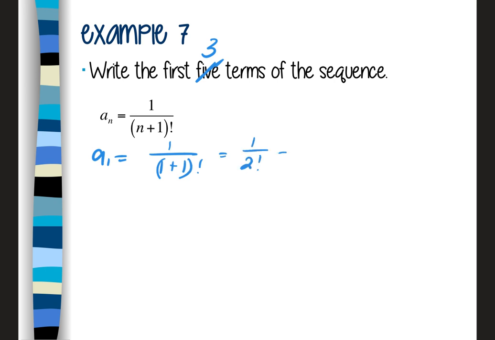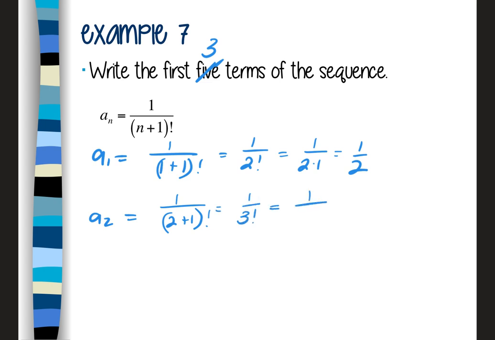And 2 factorial would be 2 times 1, which is 2. And then A2 would be 1 over 2 plus 1 factorial, which is 1 over 3 factorial, which is 1 over 3 times 2 times 1, or 1/6.